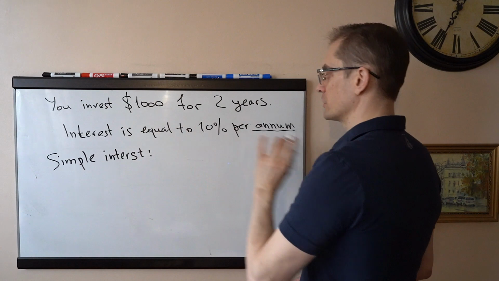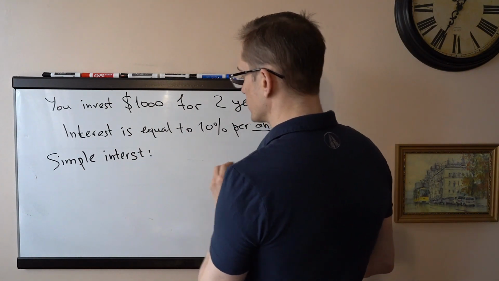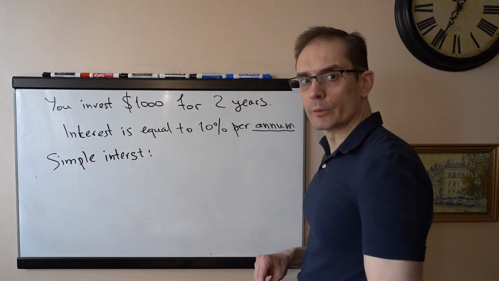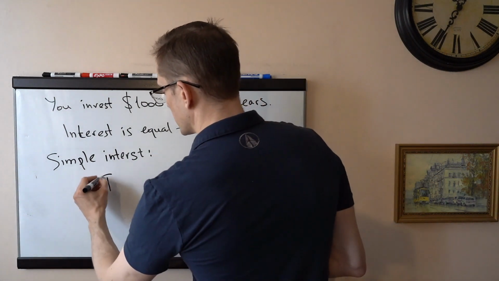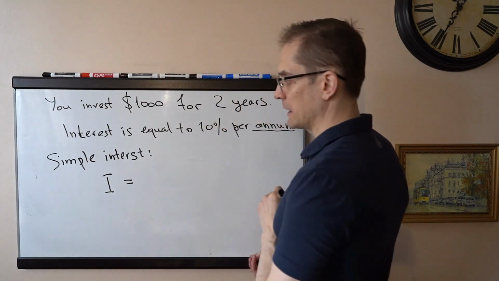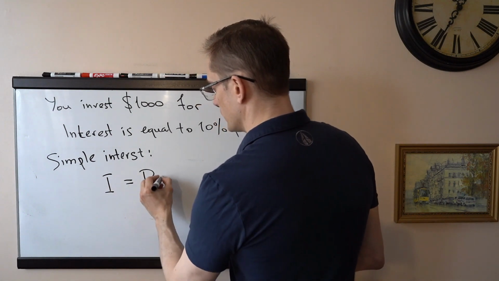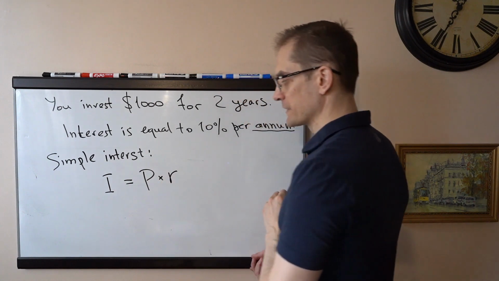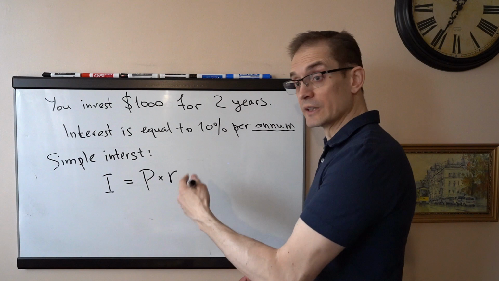So this situation is now simple interest only, and I want to create just several formulas which we'll be using in future for simple interest. So as you can already guess, simple interest is computed as principal times rate of the simple interest. That's a rate per year, and that's rate per 1 per year, right?